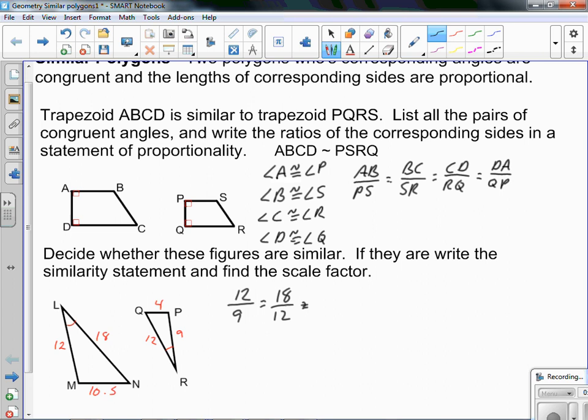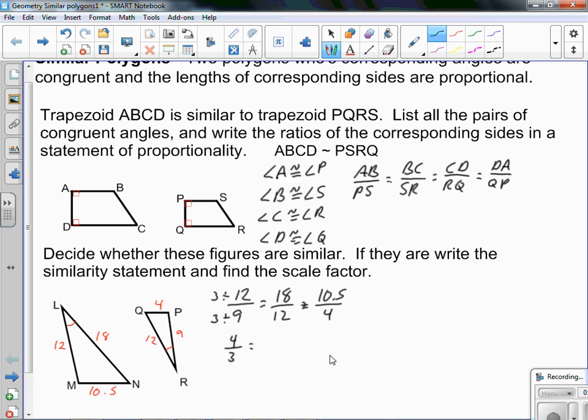And then lastly, MN, which is 10.5, we go with PQ, which is 4. So if this is similar, then when we reduce those fractions, the reduced ratios should be the same. Right? So 12 over 9, 12 and 9 both divide by 3, so that would give us 4 over 3.